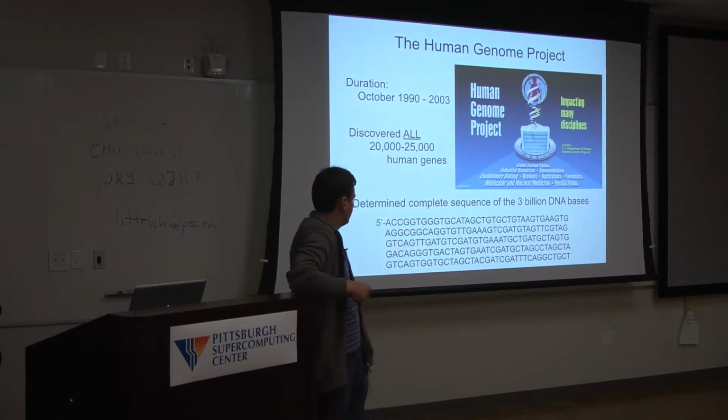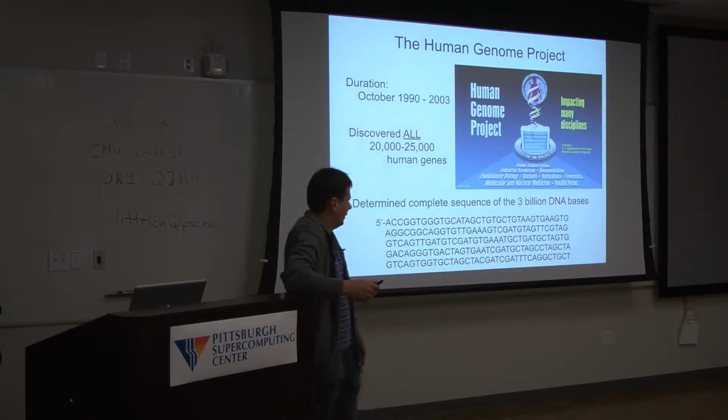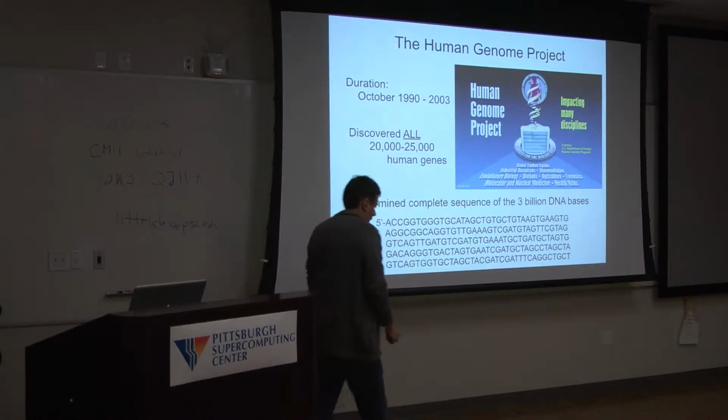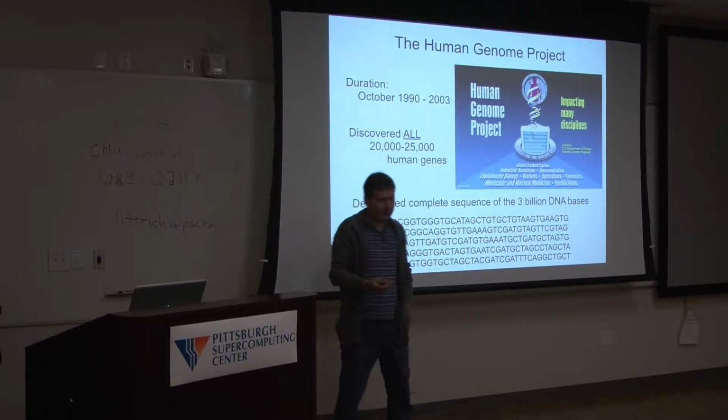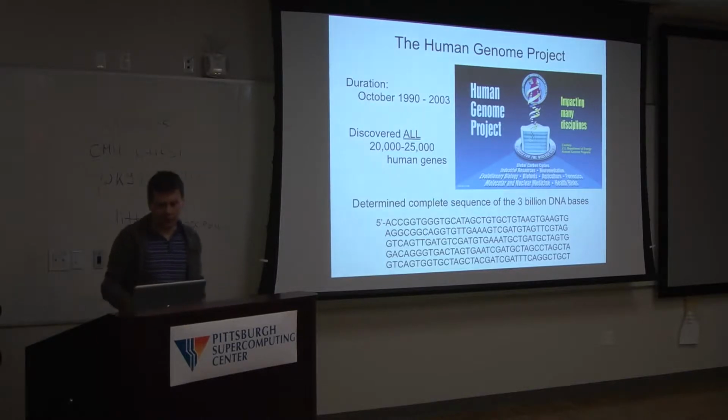The Human Genome Project initiated in the 90s and finished 2 years ahead of schedule. And it was also one of those projects that used less money than was allocated for it, which is very unusual.